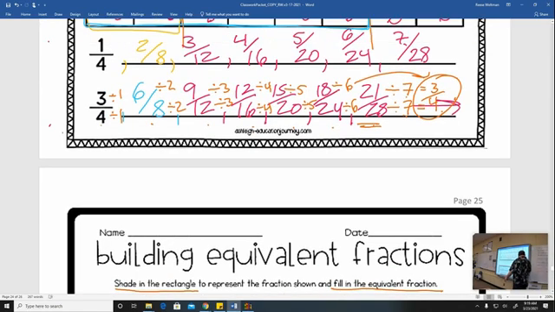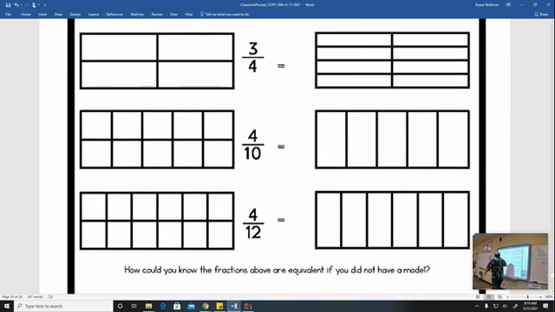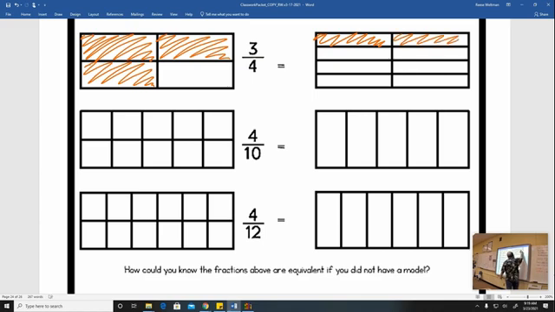Yeah, let's talk about this one. I need to shade in 3 of these, right, Jack? 3. And that becomes what I have. What do I do over here, though? 1, 2, 3, 4, 5, 6.